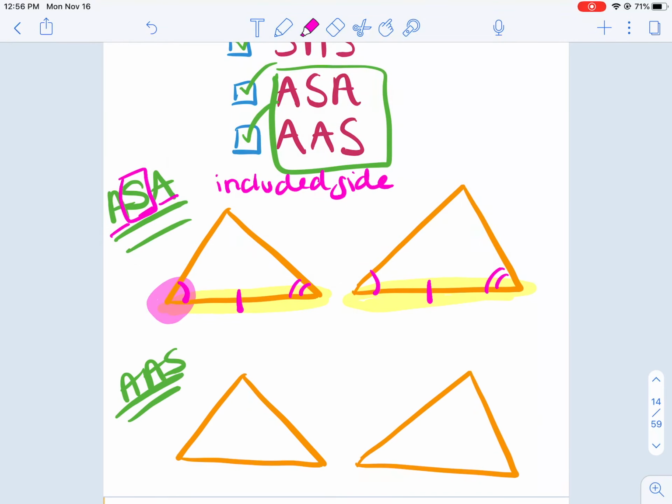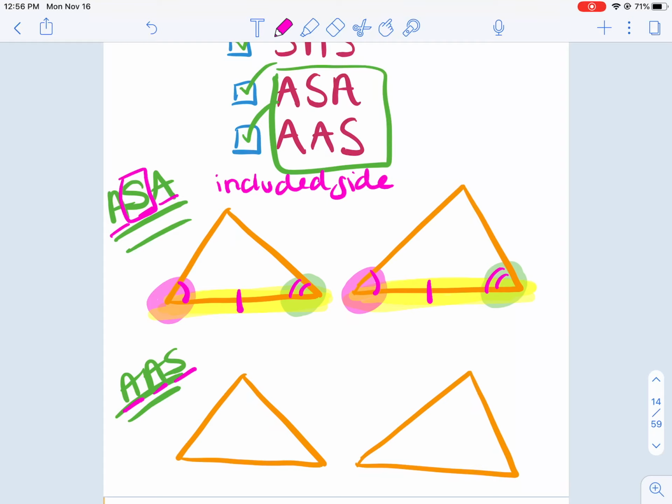So let me highlight this angle and this angle. And then I'm also going to highlight the other angle. And if you notice here, again, I'll go back to my yellow. Is the yellow, the congruent side, touching both the congruent angles? And it is.